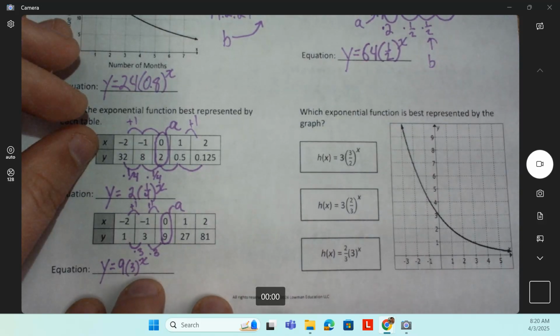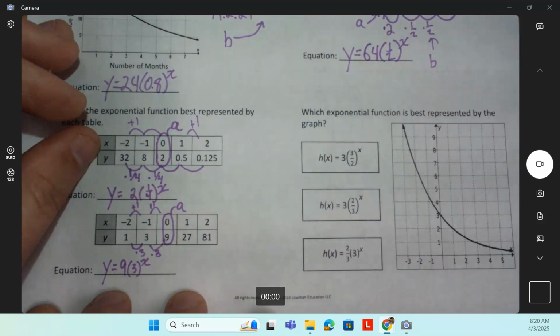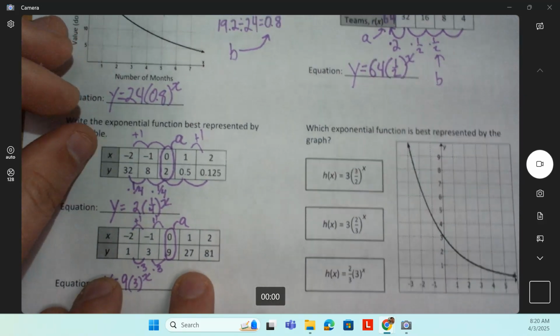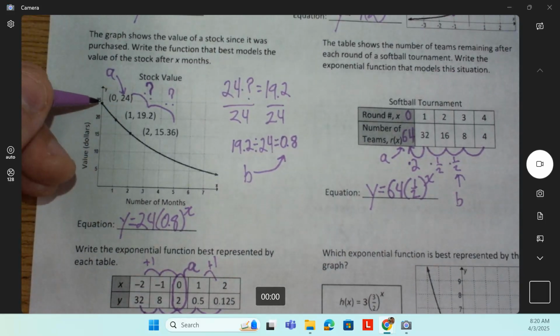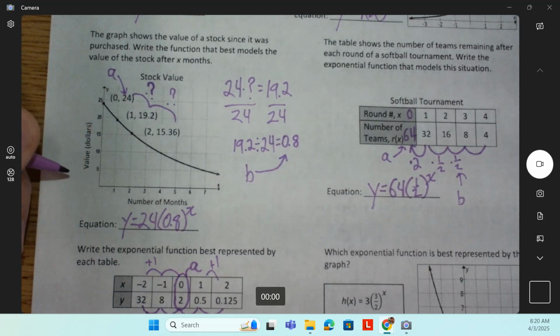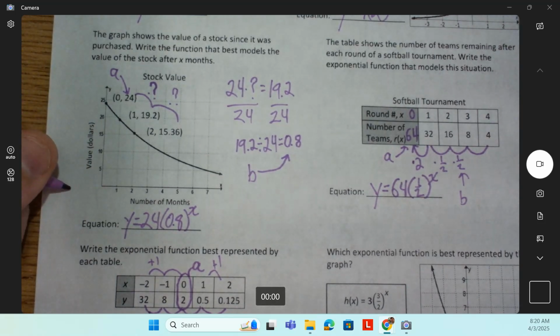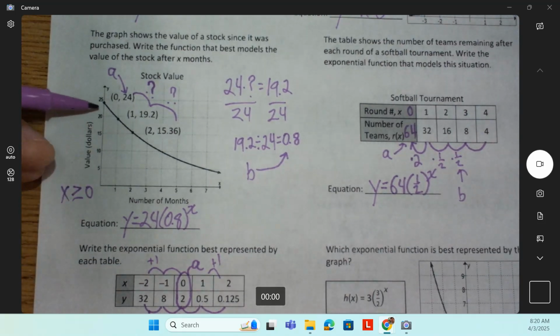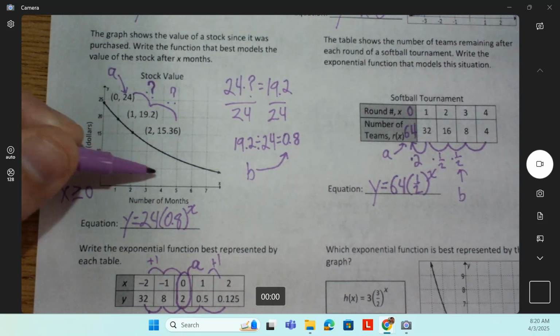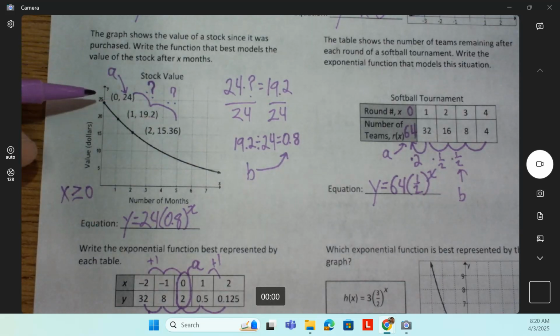We could find domain and range from this. Only time your domain and range is going to be different is if you have something like the stock value one, where number of months, we don't go into a negative number of months. So my domain, instead of being all real numbers, would just be x is greater than or equal to 0, because it starts at 0 there and just moves on forward with that arrow.